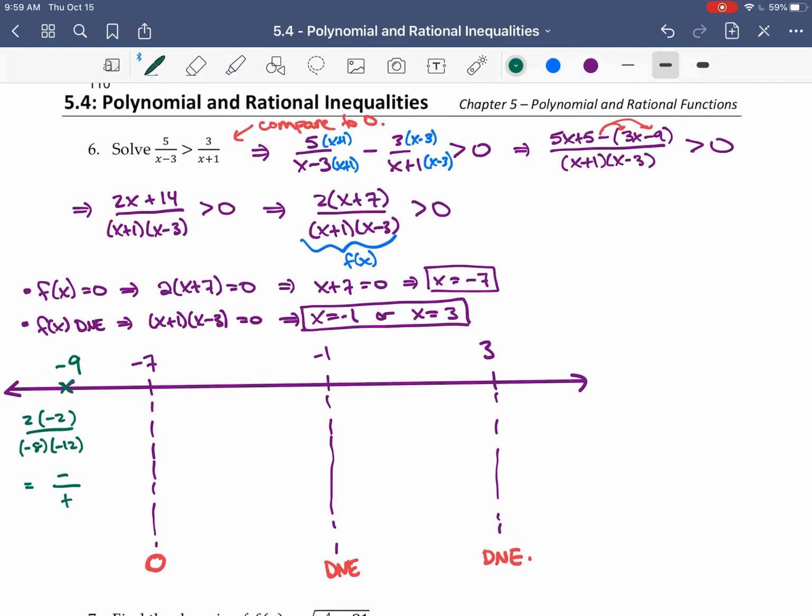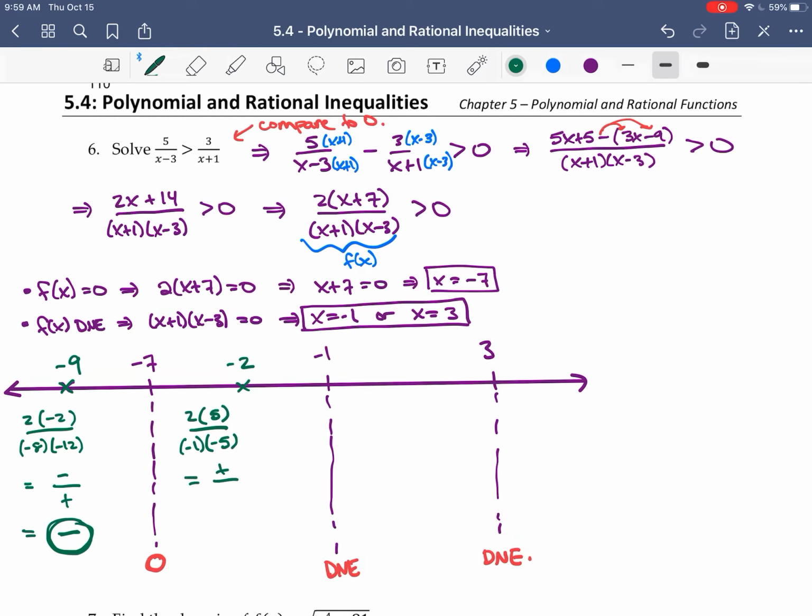The bottom is positive because it's a negative times a negative. So this whole thing is going to be negative. Remember, I don't actually care what the number is, I only care if it's positive or negative. Now something between negative 7 and negative 1, maybe negative 2. So it's going to be 2 times negative 2 plus 7 is 5, negative 2 plus 1 is negative 1, and negative 2 minus 3 is negative 5.